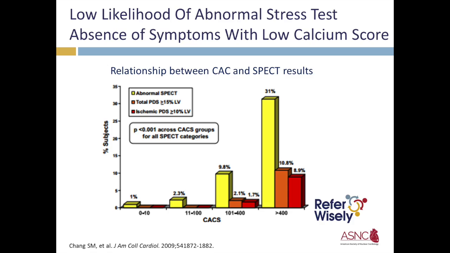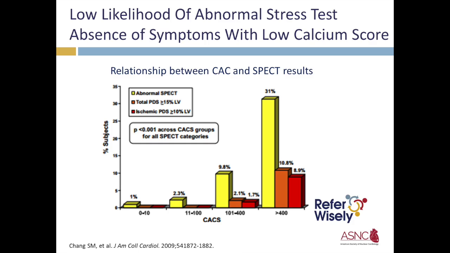We can further elucidate some of these questions based on the next slide, which comes from Chang's group in Texas, which looks at the relationship between coronary artery calcium scores and the prevalence of abnormal myocardial perfusion scan and the prevalence of high-risk abnormal myocardial perfusion scan. As you can see, the horizontal axis lists the coronary calcium score, and the vertical axis demonstrates the number of patients involved.